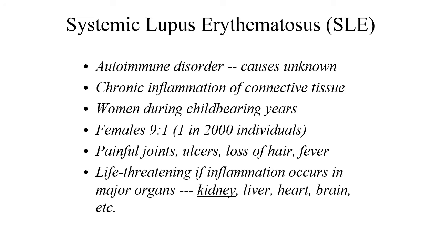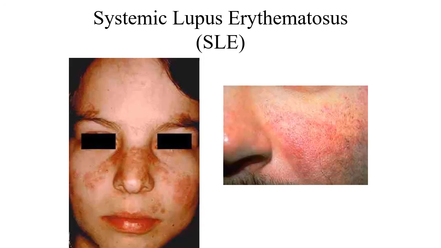They tend to be in the 18 to 45 years of age range when diagnosis occurs. Diagnosis can be difficult because oftentimes it does affect more than one tissue, and it doesn't affect them all at the same time. So a person may have a skin rash, like we have here. This is what's referred to as a malar rash. It goes over the bridge of the nose and onto the cheeks. We can see it there in the cheek also.